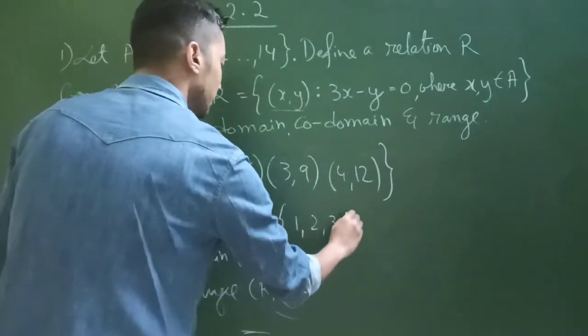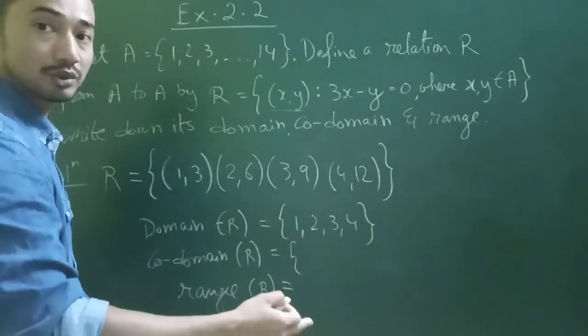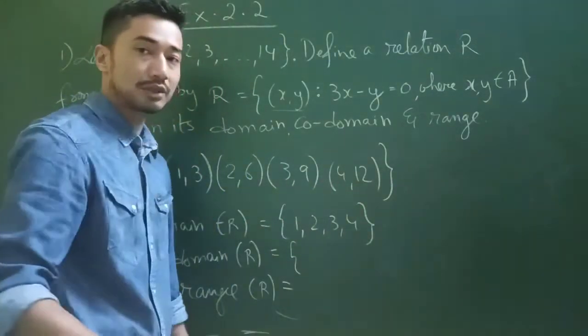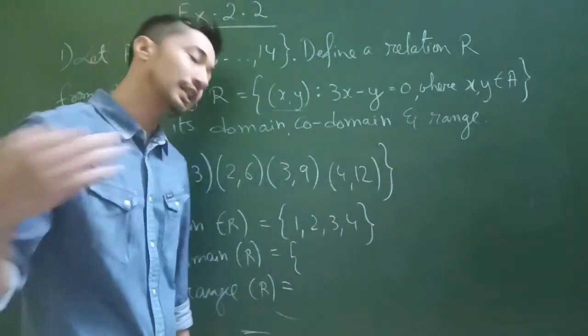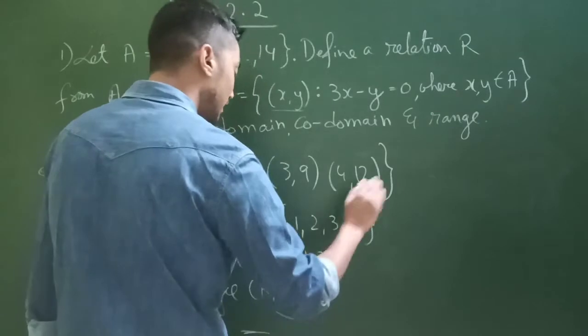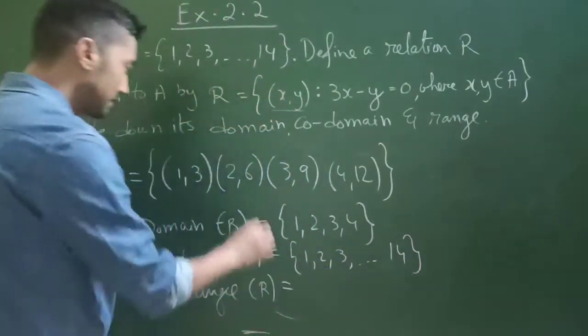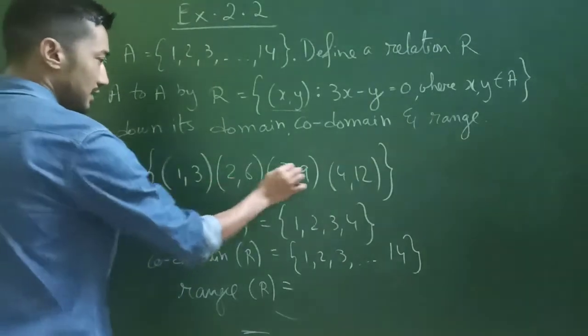Codomain is the second set. Those who are not clear with this, please go through that previous video again and then come back. Codomain is the second set from A to A, so it's A itself: 1, 2, 3, up to 14. Range is the set of second elements: 3, 6, 9, 12.